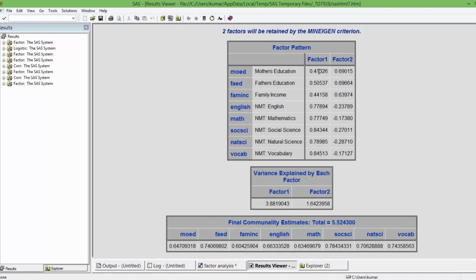This is the estimated coefficient. The estimated coefficient for factor 1 is 0.41 and that for factor 2 is 0.69. Similarly, for father's education, the coefficient of factor 1 is 0.5 and the estimated coefficient for factor 2 is 0.69.